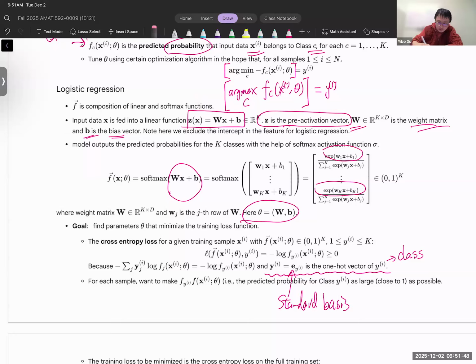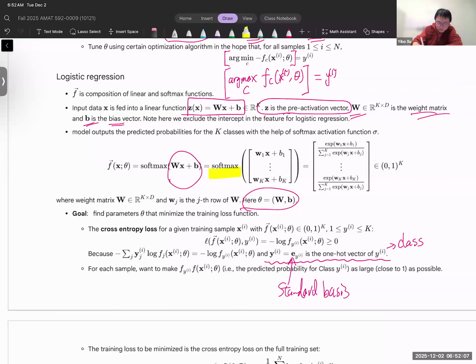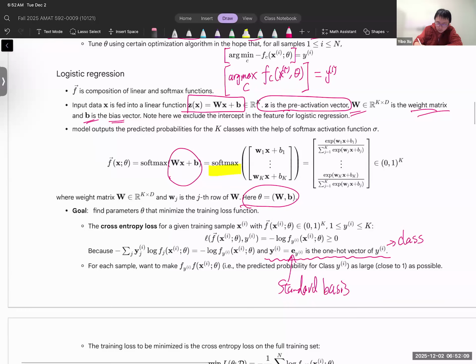This softmax is what you have learned before. It is trying to make an imbalanced vector so that larger exponents will have much larger entries in the vector. That's the softmax we have seen, and it always gives you a distribution, so the components sum to one.